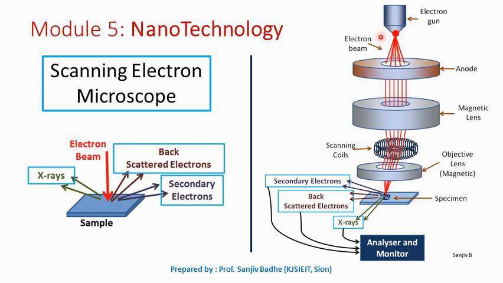This is a diagram showing the construction of a scanning electron microscope. When the electrons strike the sample surface, we get backscattered electrons, secondary electrons, and X-rays, and by analyzing these we can get the magnified view of the sample surface.